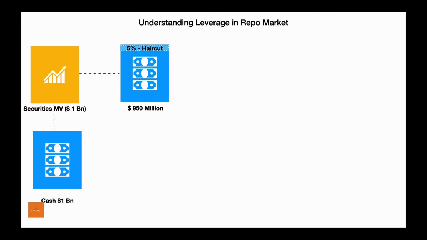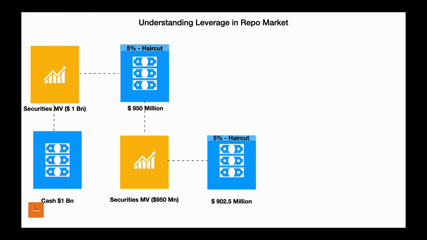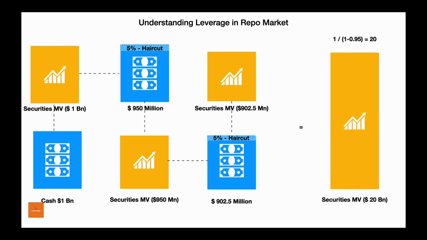Using this $950 million, he can further buy securities worth $950 million and then further repo them out. Continuing this process endlessly, he can create a portfolio worth $20 billion with an initial investment of $1 billion in cash. That's the amount of leverage, 20 times, that he can actually lever his portfolio to perform this market making function.